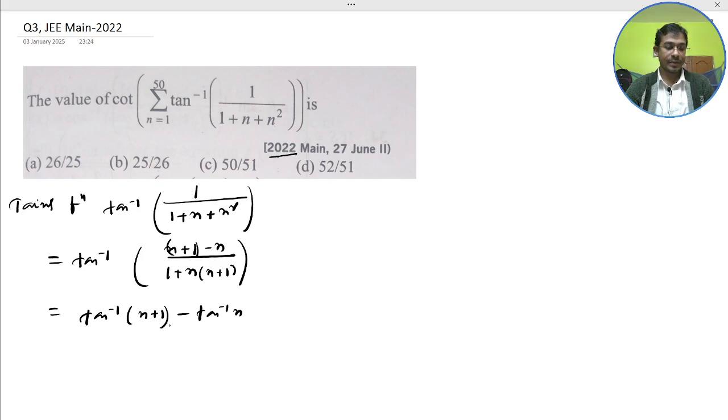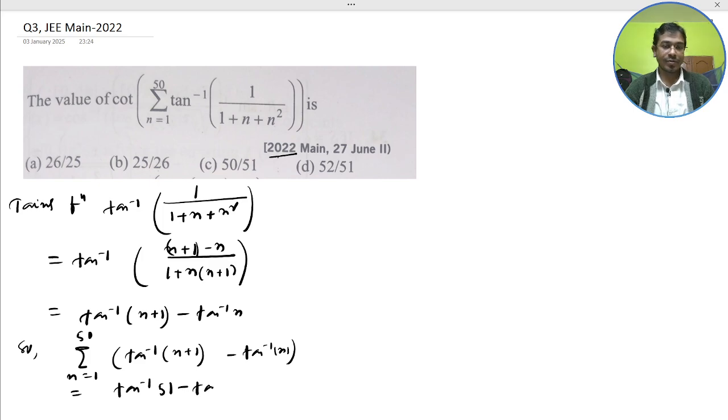So use this formula, I just write here. The summation n from 1 to 50 of tan inverse (n + 1) minus tan inverse n would be equal to tan inverse 51 minus tan inverse 1.